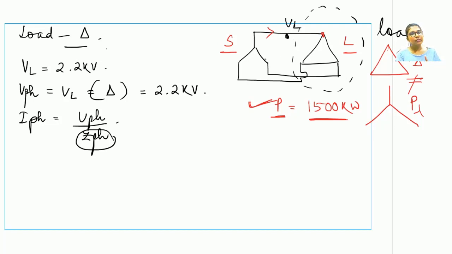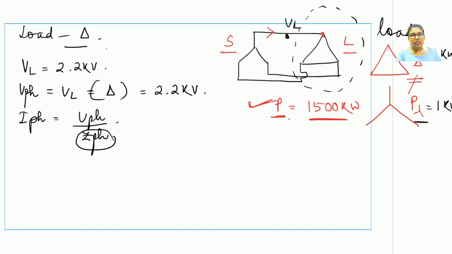The source was delivering that amount of power, but since the right hand part was changing, the power taken up by the two different types of connections won't remain the same. If under the star connection, the power is 1 kilowatt, for a delta connection, the power would come out to be 3 kilowatt because it is the same load impedance which is changing the structure.